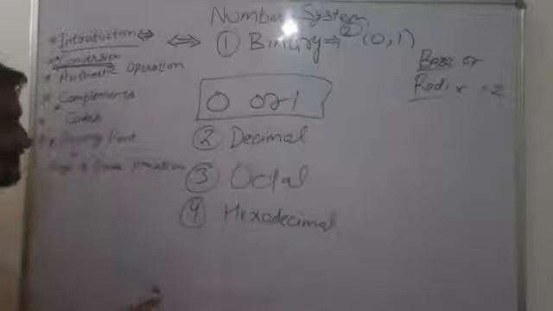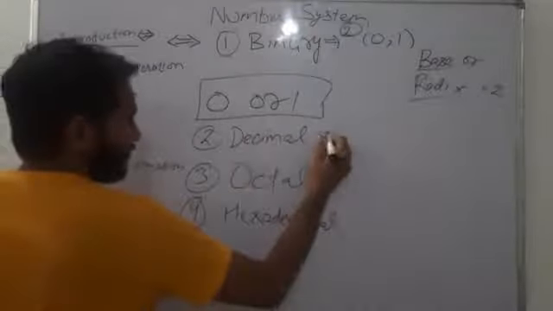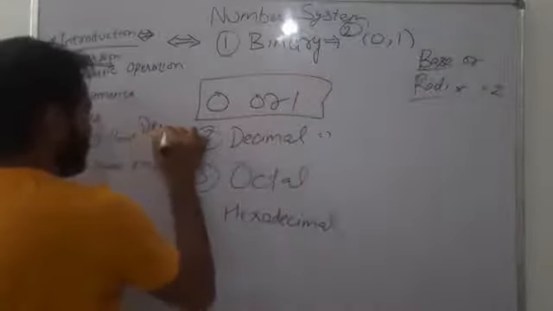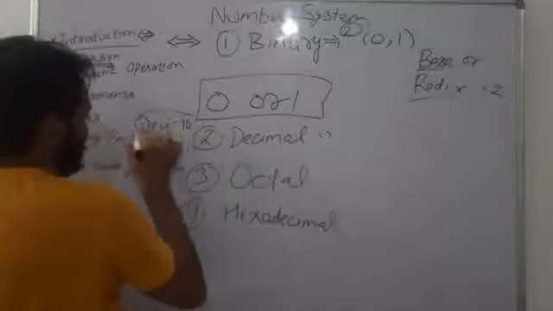And then coming to the decimal number system, deci means 10.